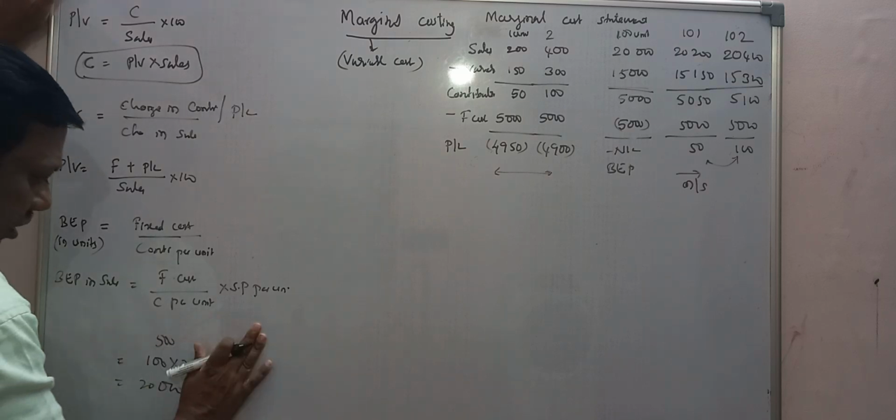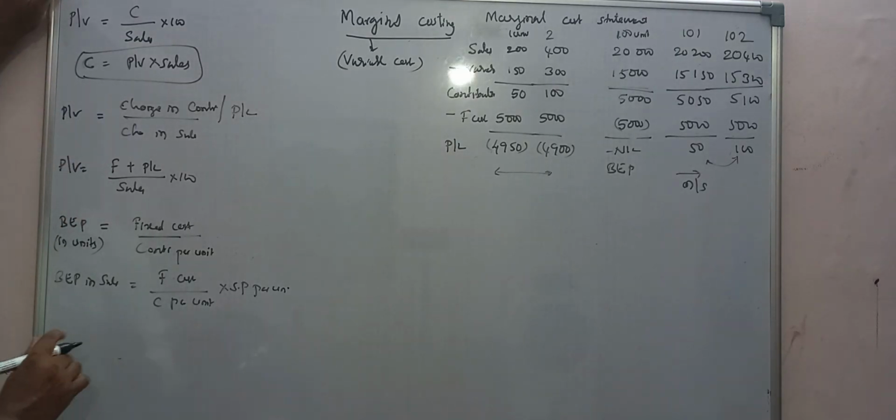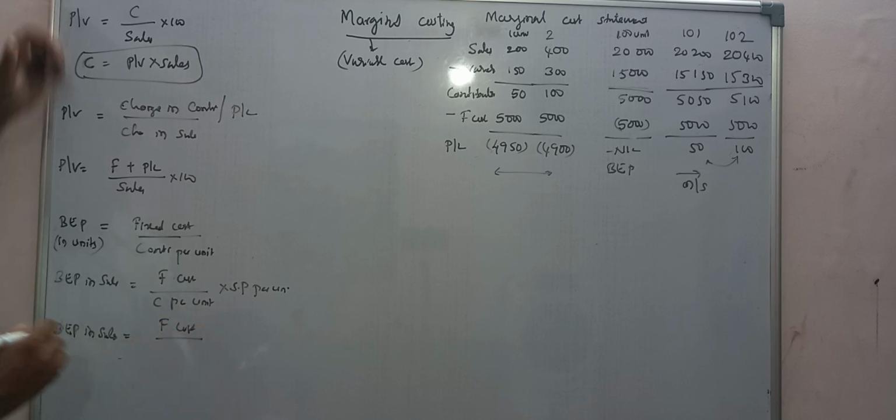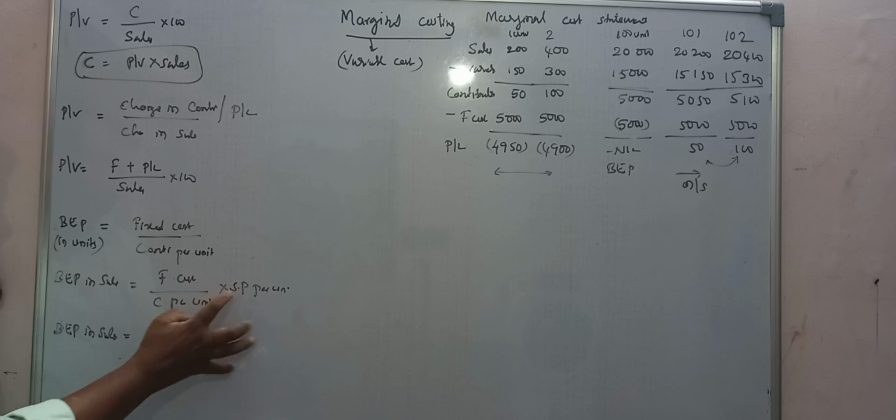See, one more method to calculate BEP in sales. Fixed cost we know. Here, contribution per unit into selling price per unit.